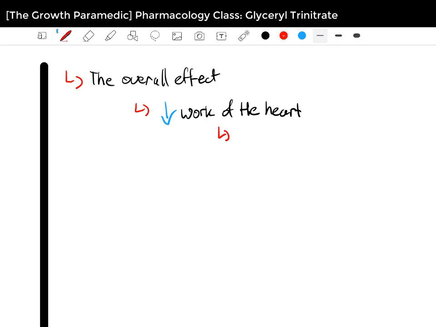And this results in relief of anginal symptoms. And when I mean anginal symptoms, a good example is chest pain.